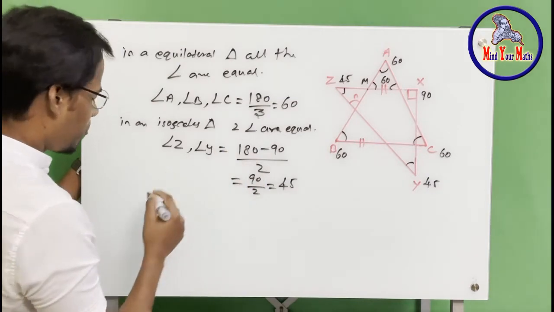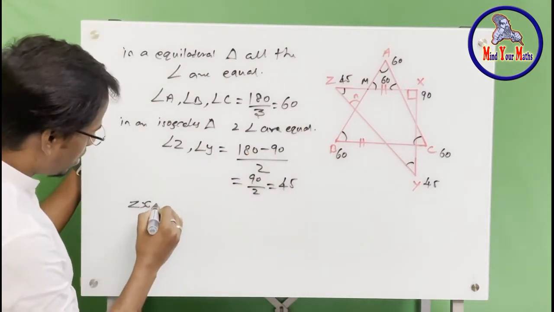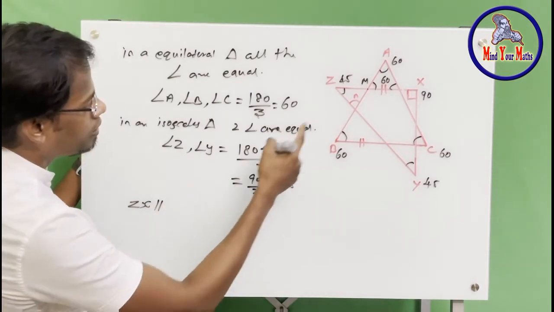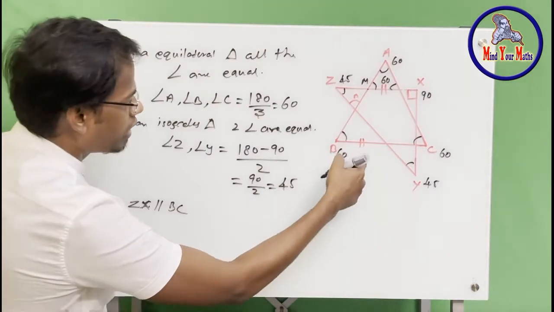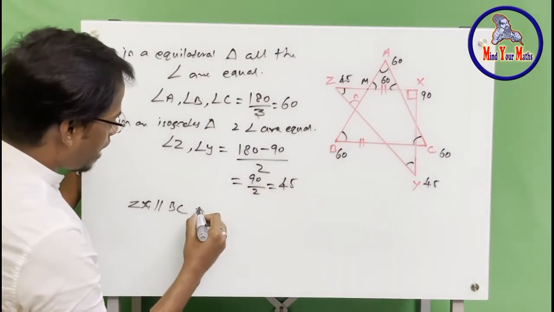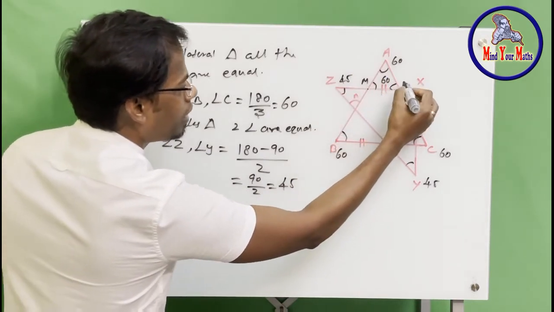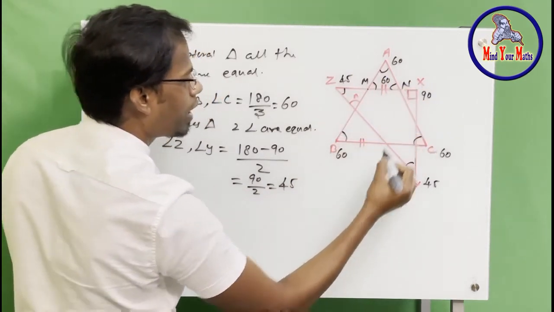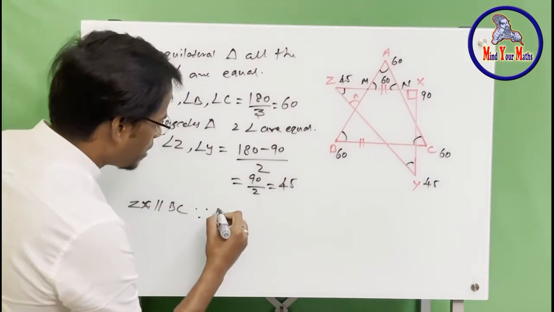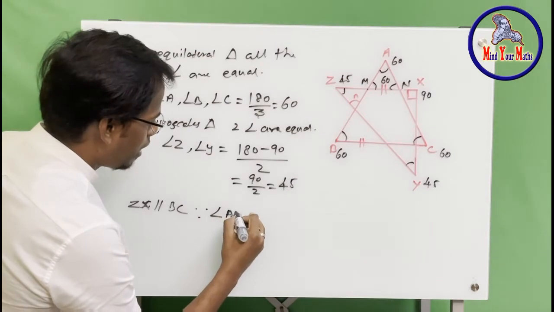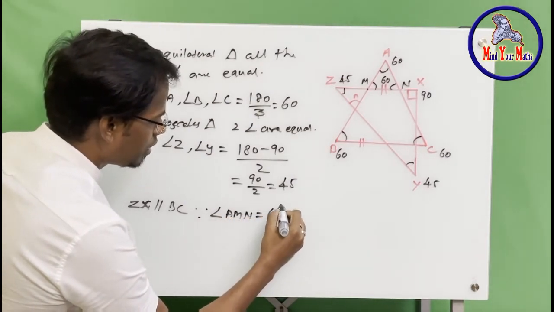Now with this condition, that ZX is parallel to BC, with AM, and then maybe we will give N, in triangle ANM, angle AMN equals 60 degrees.